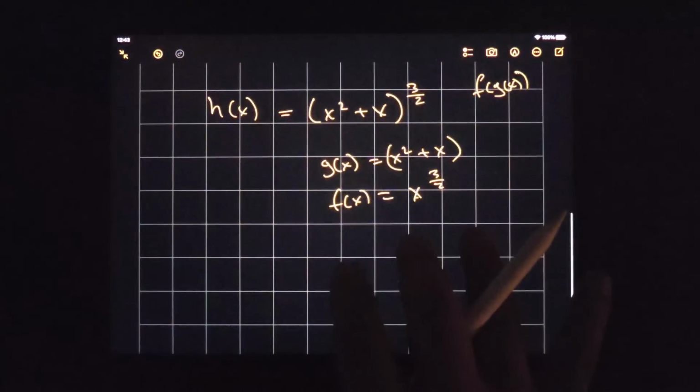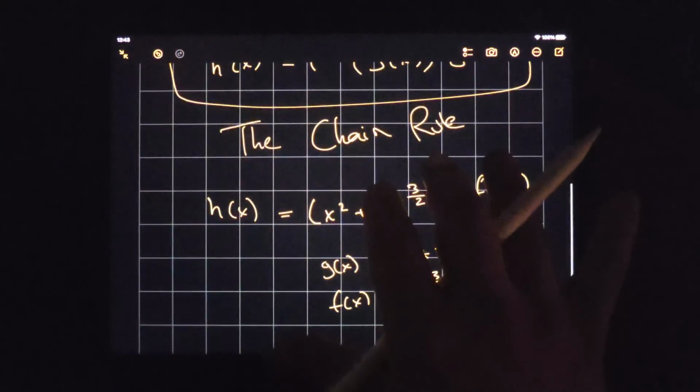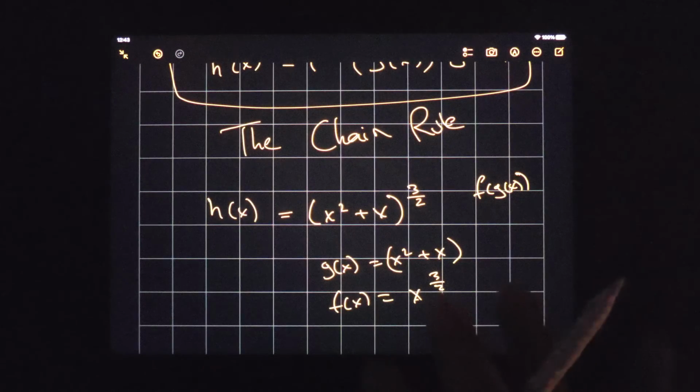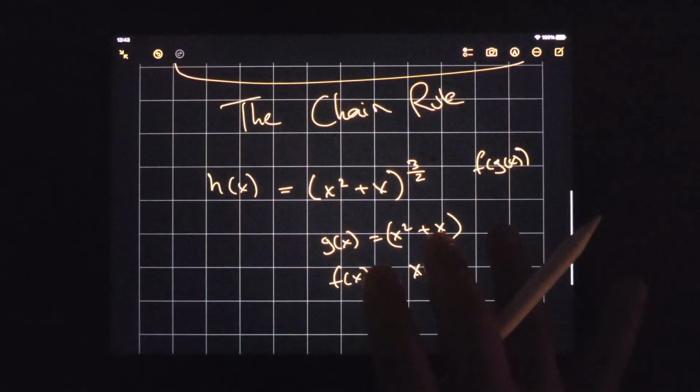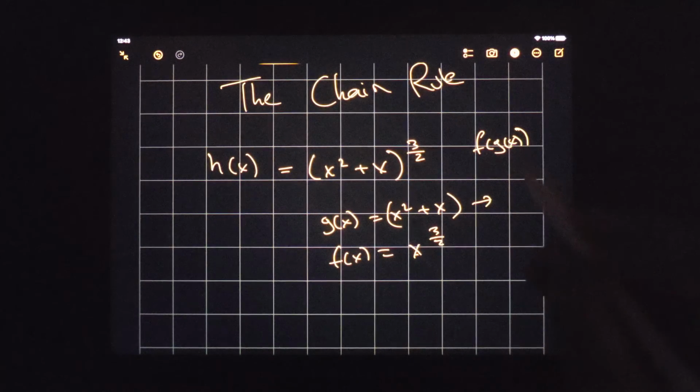So by our definition of our derivative, we can do this. The derivative of our inner function is going to be 2x plus 1, and then of this one is going to be 3 over 2 x to the power of 1 over 2.